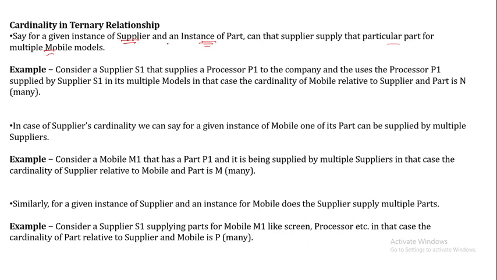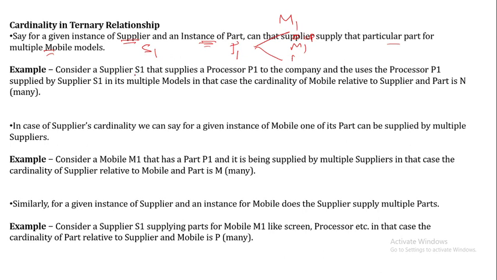Let's suppose part P1 is a processor, and S1 is a supplier. We have multiple mobiles, say Oppo, MI, different mobiles. So this supplier will supply a processor to many mobiles.